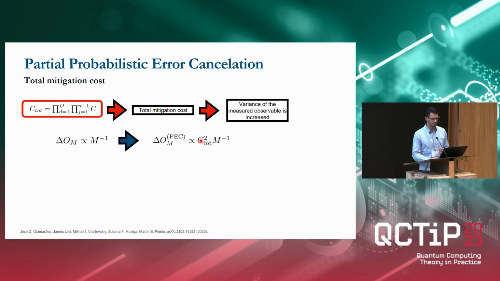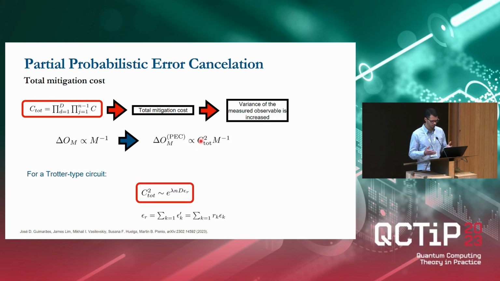Okay. So we can analytically calculate how this C total square scales with some simulation parameters. And for this trotter type circuit, we have that the scaling is exponential in lambda, which is a parameter that is found by experiments, usually small. N, which is the number of qubits in our quantum simulation. D, which is the number of total iterations.